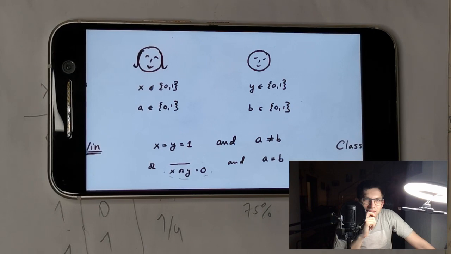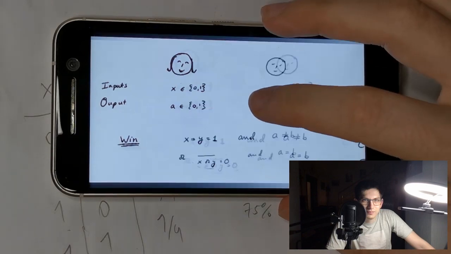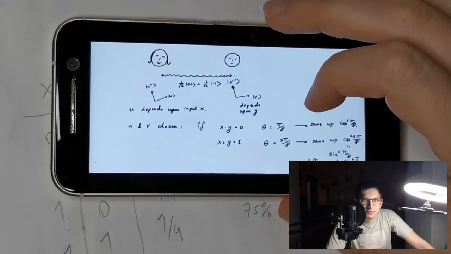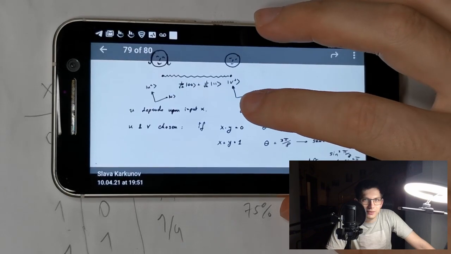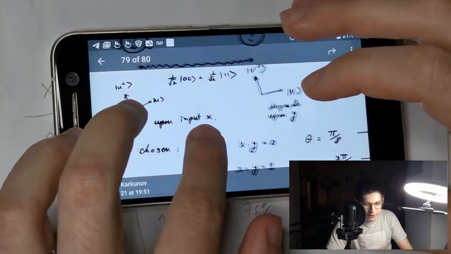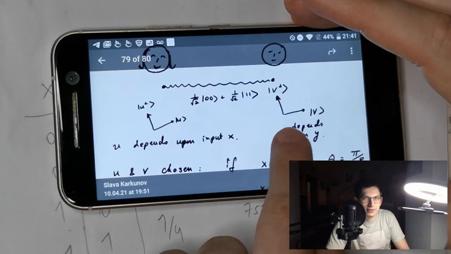I see. So how does this example make sense in the quantum case? Where's the entanglement, or the dependence on Y and B? Yeah, let's take a look. Here they have two bases, the U basis and the V basis.